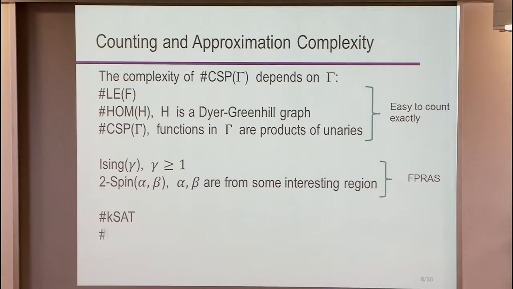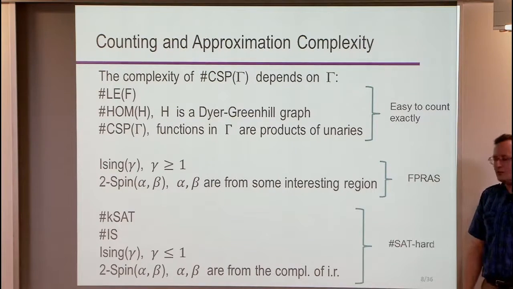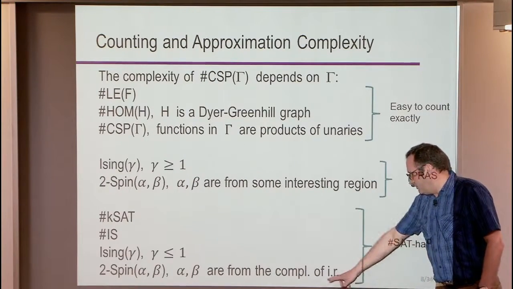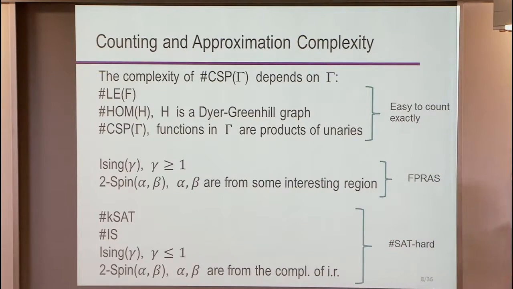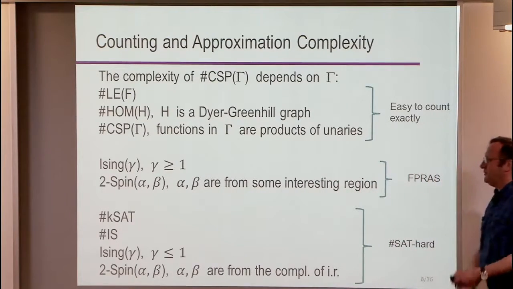Well, in some cases, like 3-SAT, k-SAT, more generally, we have a very difficult problem. They are #SAT-hard, for example. This means the complement of the interesting region, which is, of course, another interesting region. These are what we can expect, more or less: easy, slightly more difficult, very difficult.